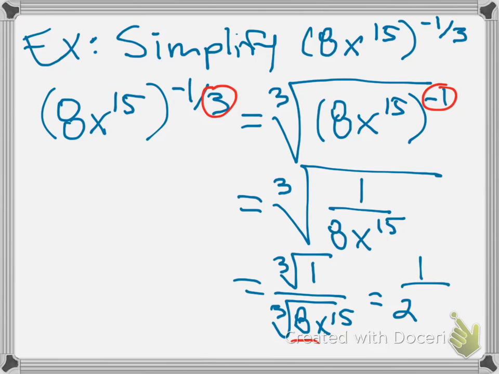So that's nice. And then we need to deal with the x to the 15th component. And hopefully at this point you know that all you need to do here is take the exponent of 15 and divide it by our index of 3, and we're going to get 2 times x to the 5th power. And there is your simplified version of our original expression.